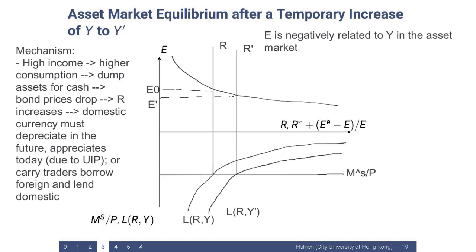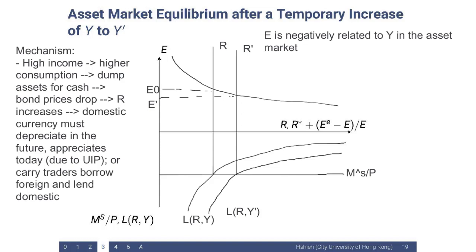Okay, let's talk about insights here, just to make things clear. Mechanism, I think, is a better description. High income will lead to higher consumption. You will dump assets for cash. Bond prices drop. R increases.